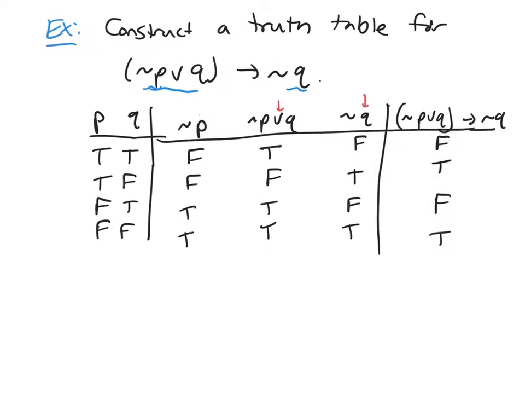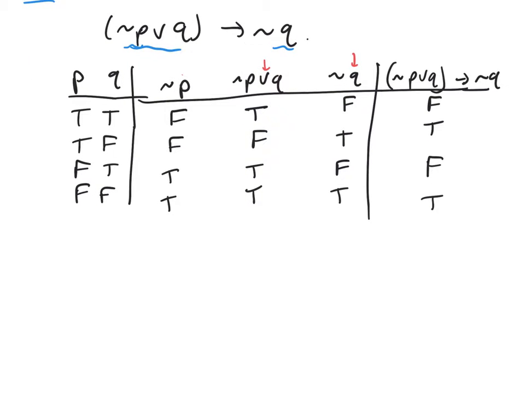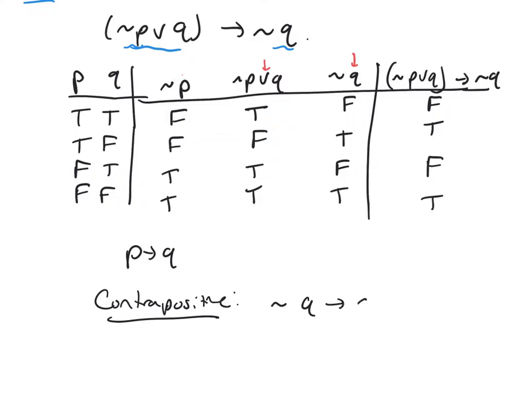Now remember when we did these conditional statements, we could take this conditional statement and make other conditional statements. We could write the contrapositive. The contrapositive is where you flip them and negate them. So if not Q, then not P. You flip and negate.